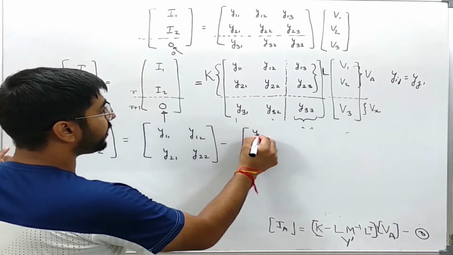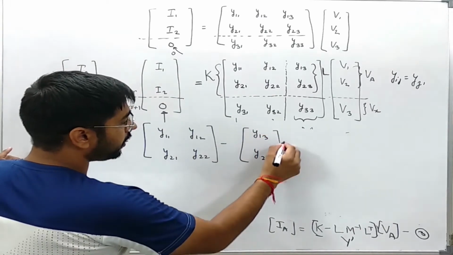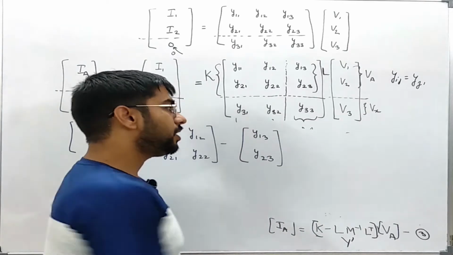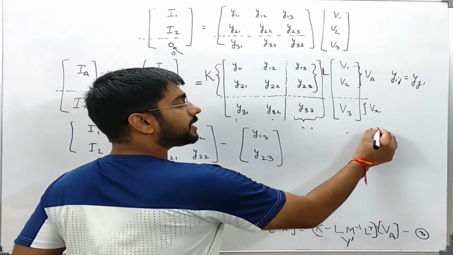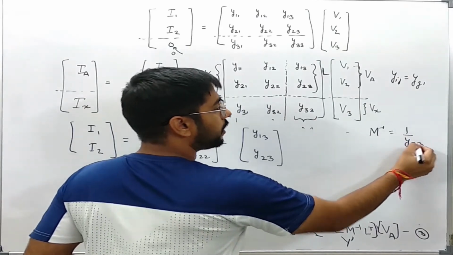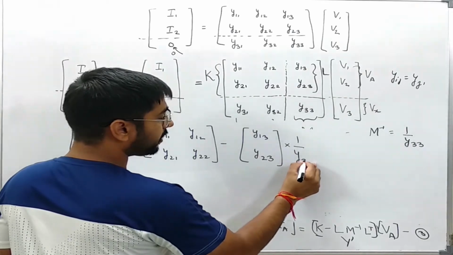L is nothing but y13, y23 into M inverse. Now M here is just a single element. So for a single element, what is the inverse? It is nothing but the reciprocal. So it will be simply divided by y33.